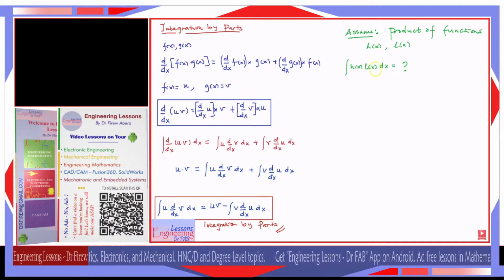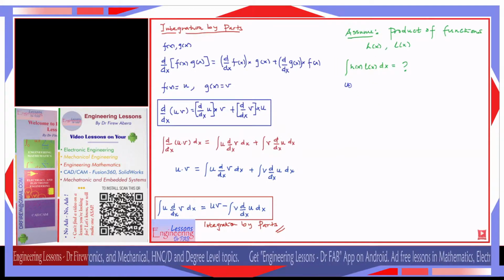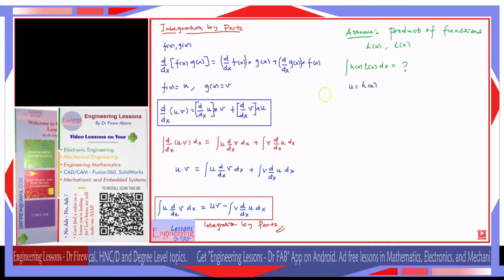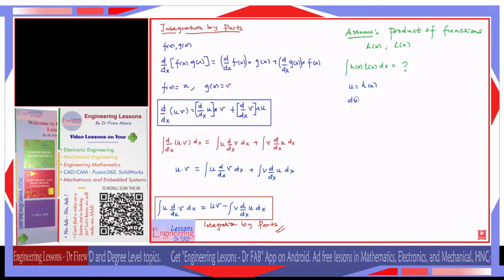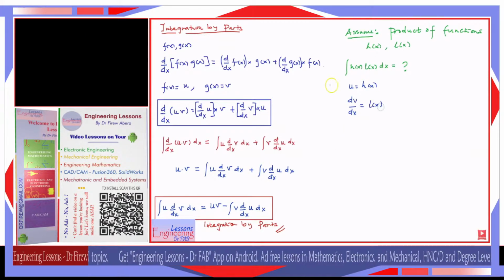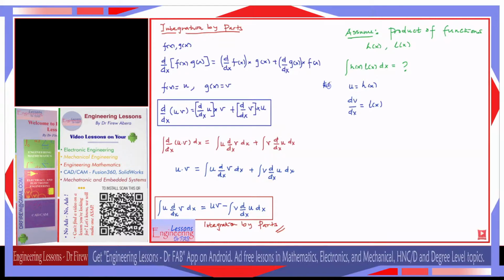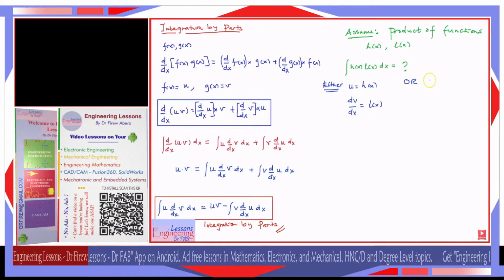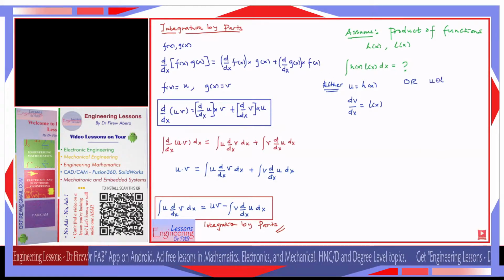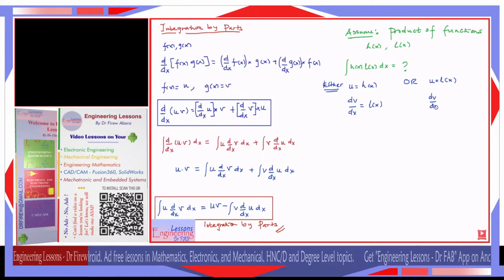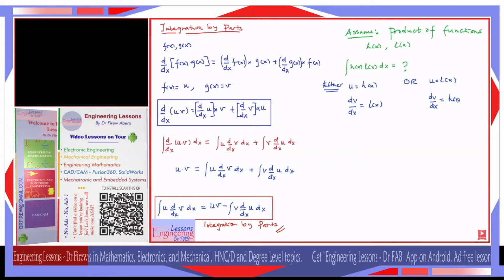We can assume u stands for h of x. This means that immediately dv by dx is L of x. You can either assume this, or you can also assume u to be the other one, u equals L of x, so immediately dv by dx is h of x.